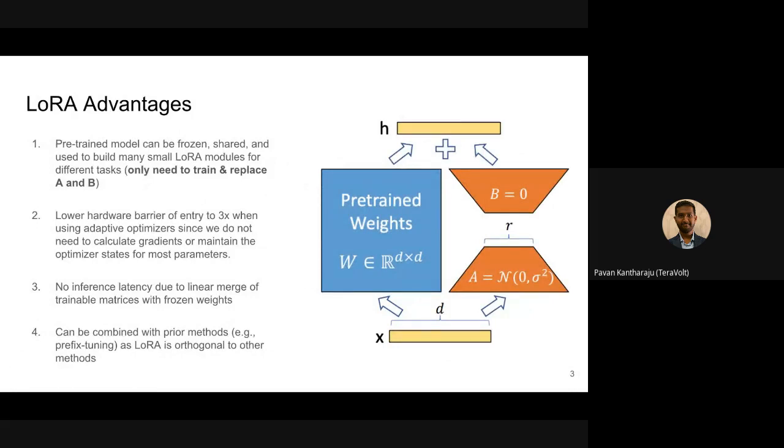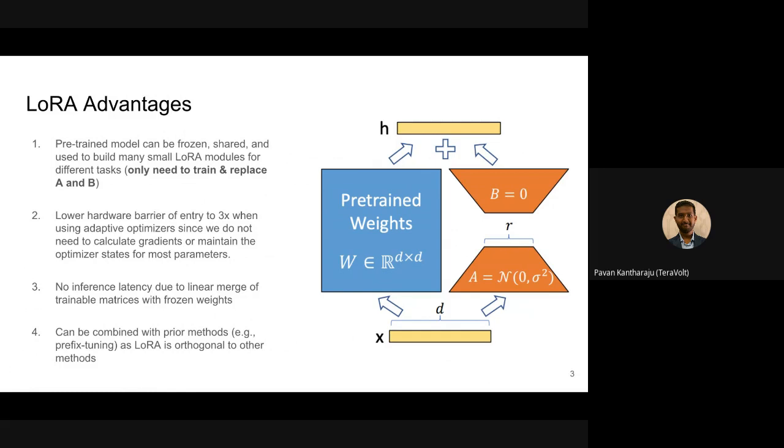So here's the diagram of LoRA on the right here. You have your pre-trained weights, and then you have these two matrices A and B. And R here is that low dimension.